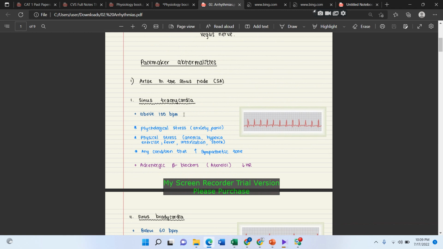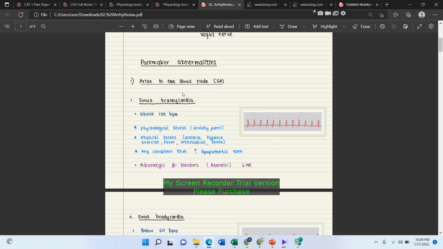The reasons that can cause sinus tachycardia include psychological stress such as anxiety or panic. When we are in a panic stage or anxiety state, like in front of a stage, or if you see a ghost, you get sinus tachycardia. Physical stress can also be a reason, like anemia, lack of red blood cells, hypoxia, and even exercise.